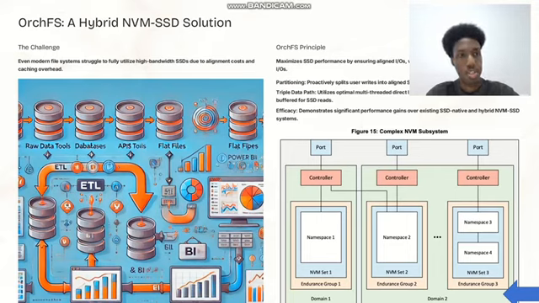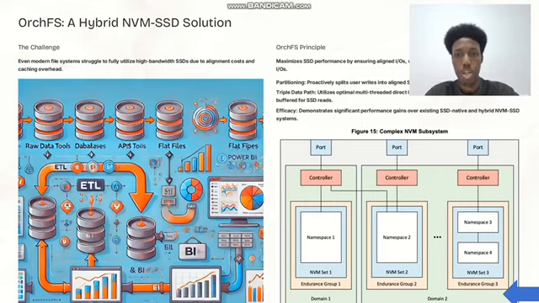The challenge: even modern file systems struggle to fully utilize high-bandwidth SSDs due to alignment costs and caching of data. Our principle: maximize SSD performance by ensuring aligned I/Os while NVM absorbs small unaligned residual I/Os. Versioning proactively splits user writes into aligned SSD I/Os and unaligned NVM I/Os.